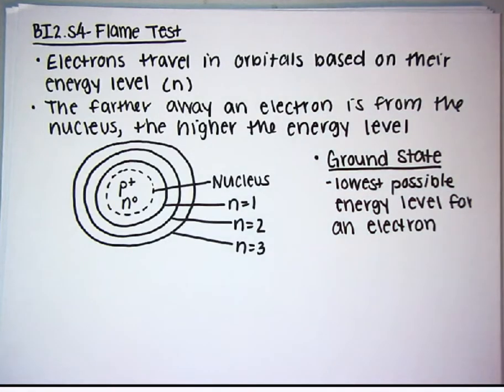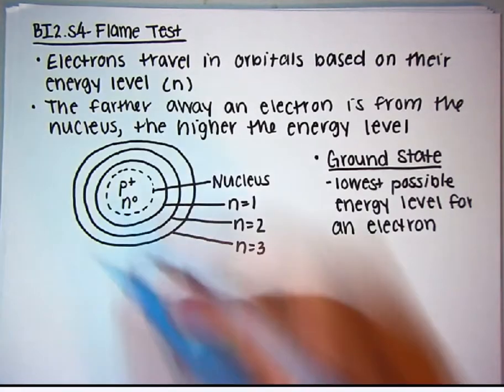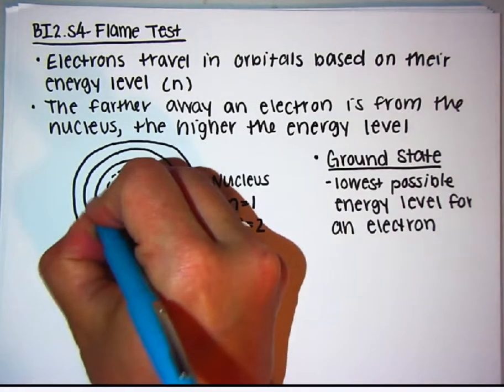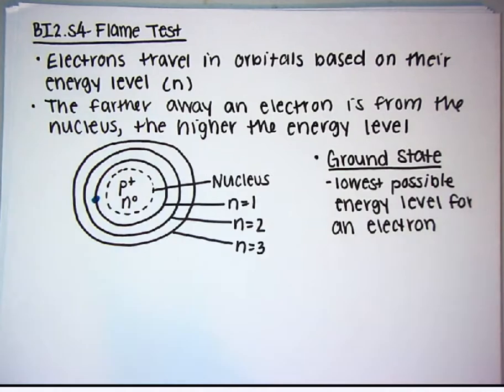Think of the ground state kind of like an electron's home base. It's wherever the electron starts. So let's say I have an electron right here in N equals 1. That would be its ground state. That's where it starts out. That's the lowest energy level it can be in.